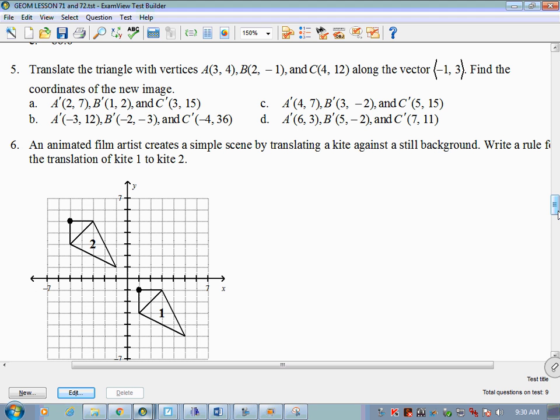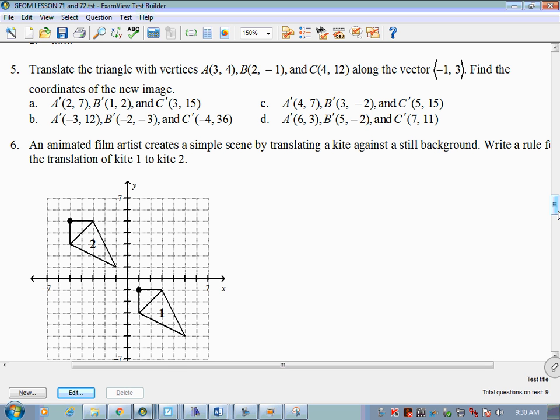Translate the triangle with vertices (3, 4), (2, -1), and (4, 12) along the vector <-1, 3>. Find the coordinates of the new image. So we're talking about vector notation. What does -1 tell me that I'm doing? From every position, what am I doing if I have -1 up there?